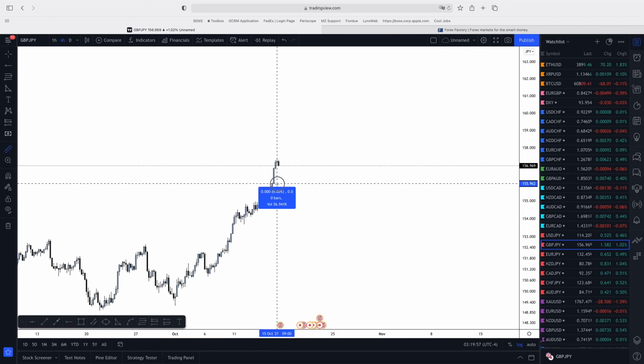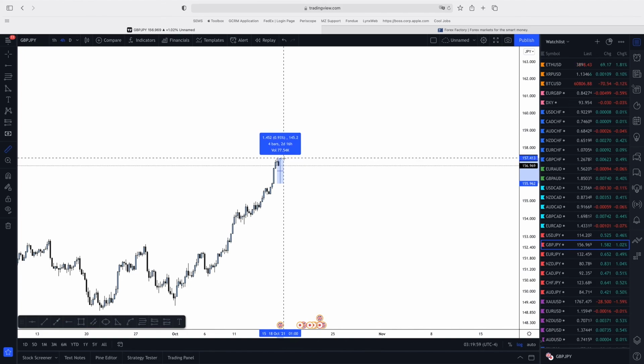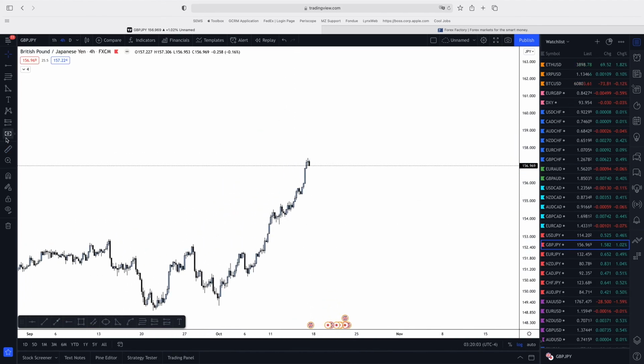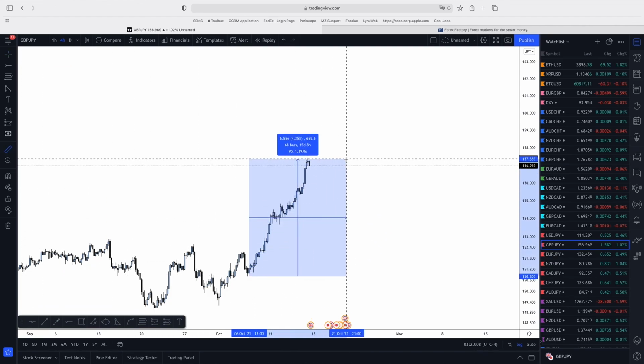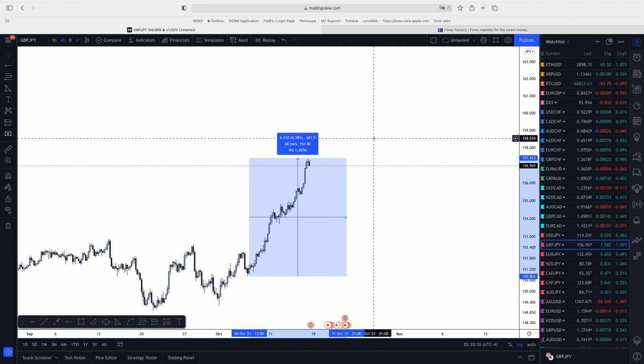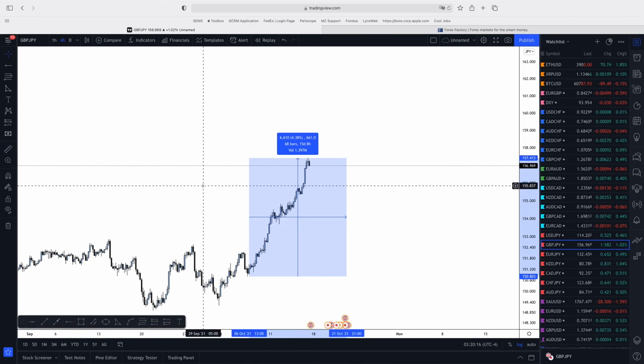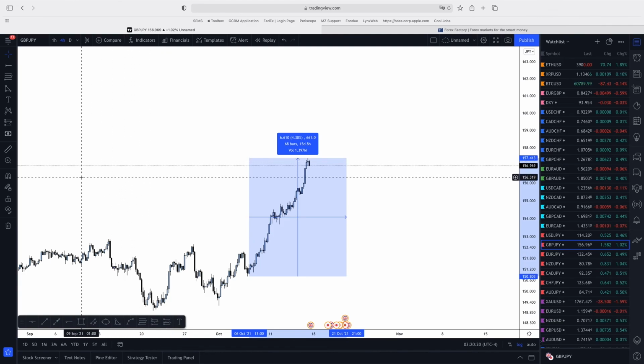Let's say from this candle to the very top of this wick, this is 145 pips. Guys, the market moves tremendously. Let's say we go from down here to up here. We can measure this move here. This is 666 pips. So the ruler will help you measure the amount of pips from one side to the other side that you desire.